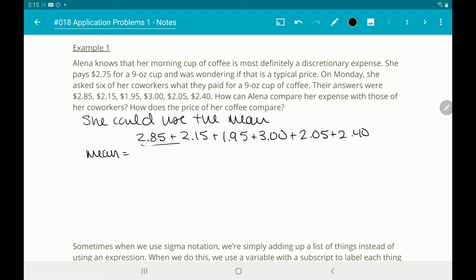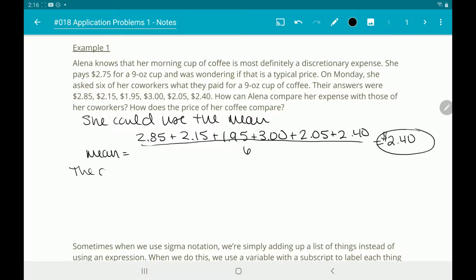And then we have to divide that whole sum by however many answers we have, and we have 6 because we asked 6 people. Since we are dealing with money, we're going to use decimals, and we're going to get $2.40 for the average.